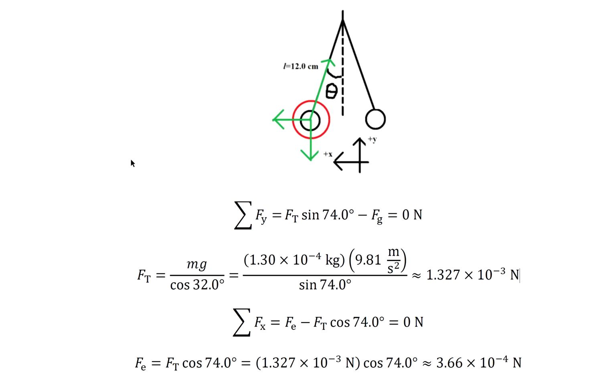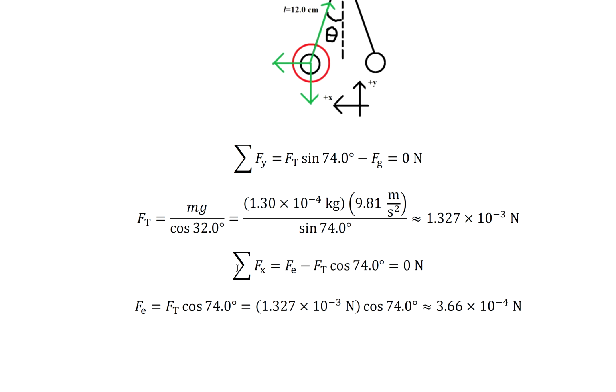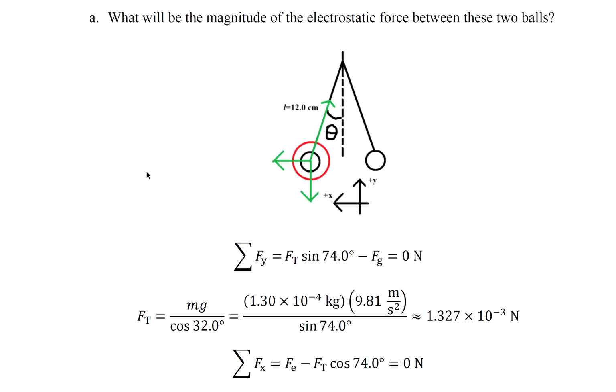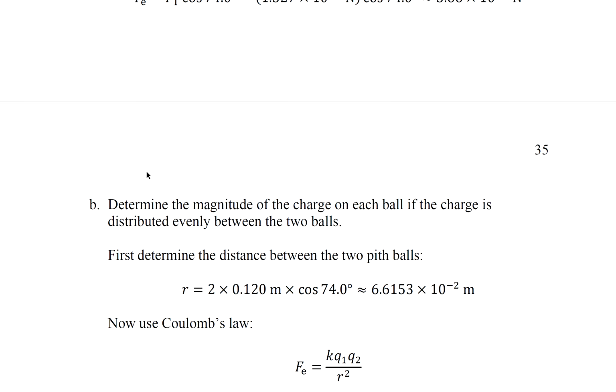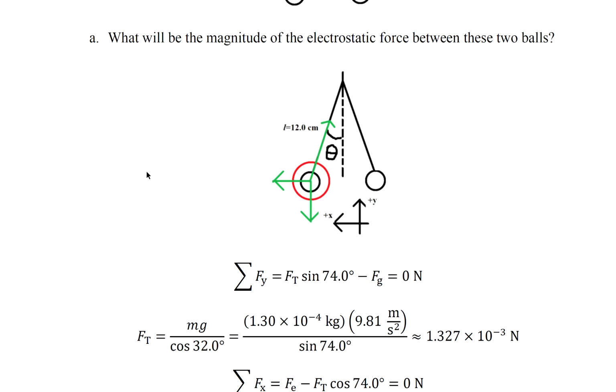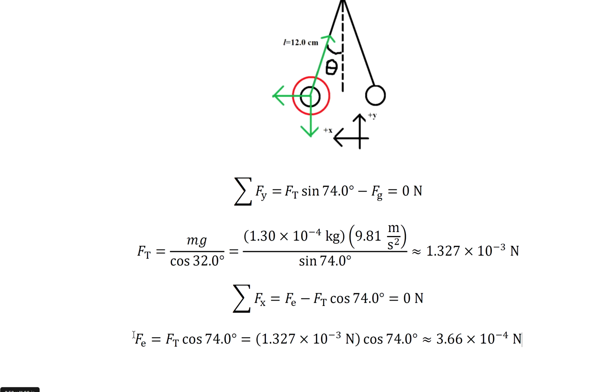Now what about the x-axis? Well, we have two forces on the x-axis, electric force and tension force. So we could solve for electric force. So remember, circle the object, label the forces, put an x and y axis, and use the equation F equals ma. So part A asks for the magnitude of the electrostatic force. So we'll be able to find that.